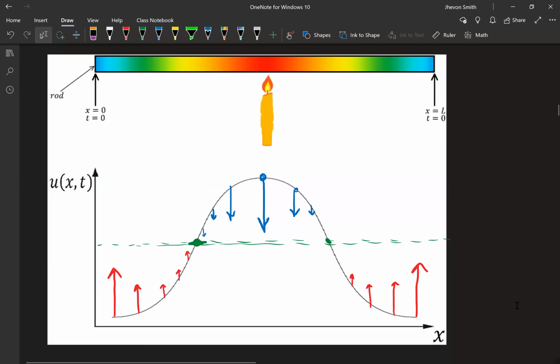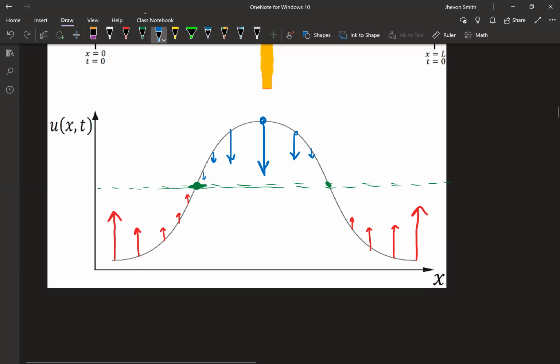Notice that in the middle here, we are concave down, meaning the second derivative, uxx, is negative. If I look towards the tails though, it's the opposite.